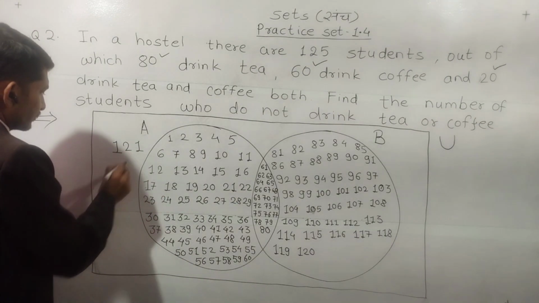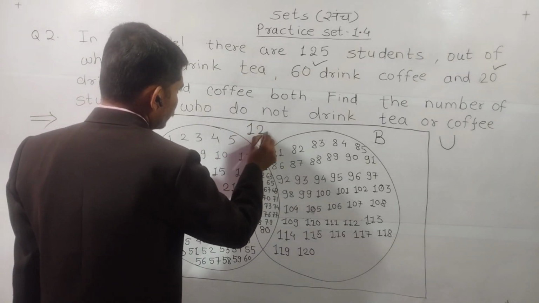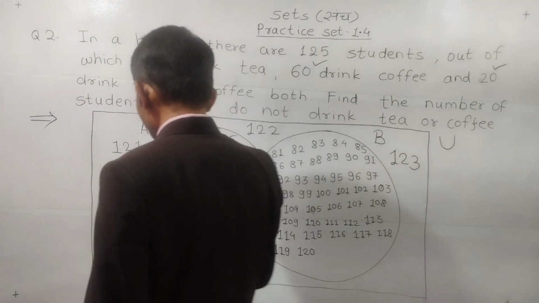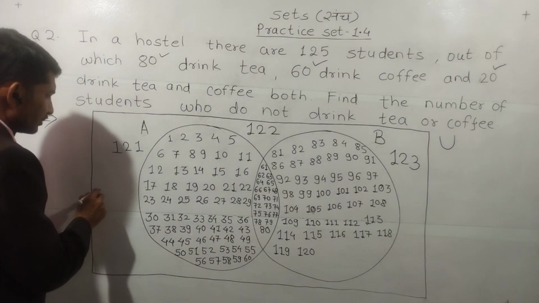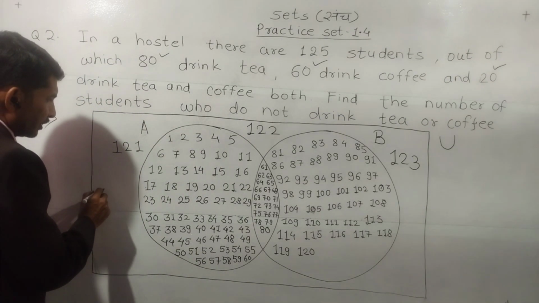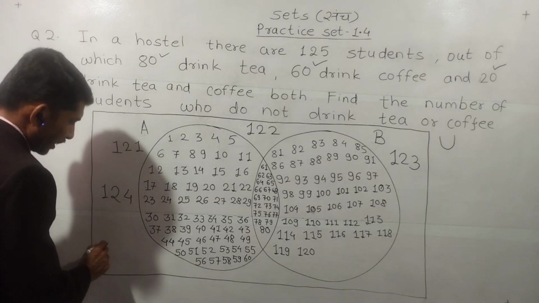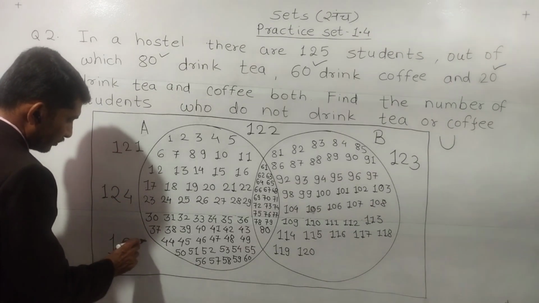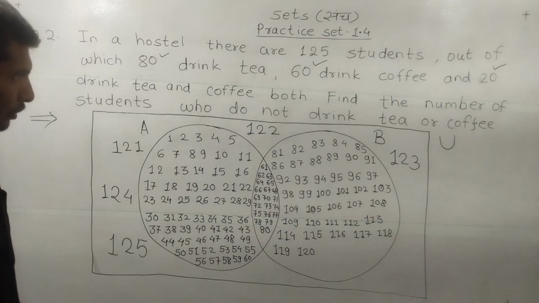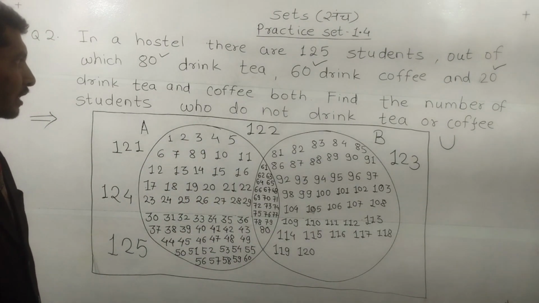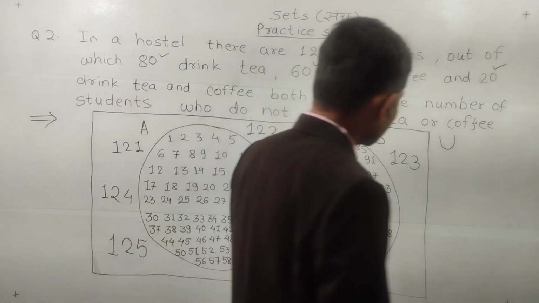So we will write here 121, 122, 123. You can write these numbers anywhere, wherever you like. 124 and 125. So we have found 125 students in this universal set.